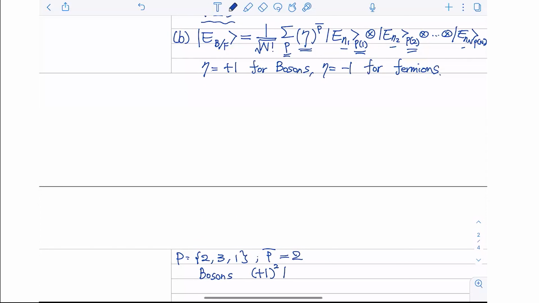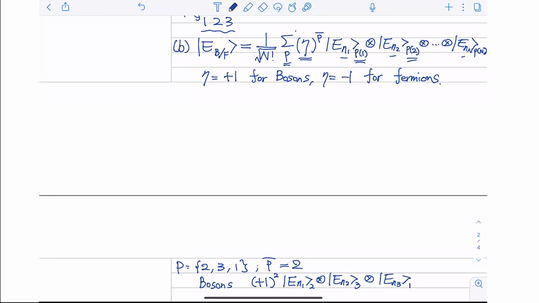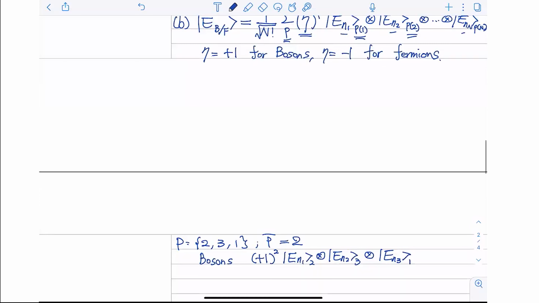times the ket E_N1, where the first element is 2, and E_N2, where the second element is 3, the product E_N3, where the last element is 1. So this is one of the terms in this summation for a bosonic system.